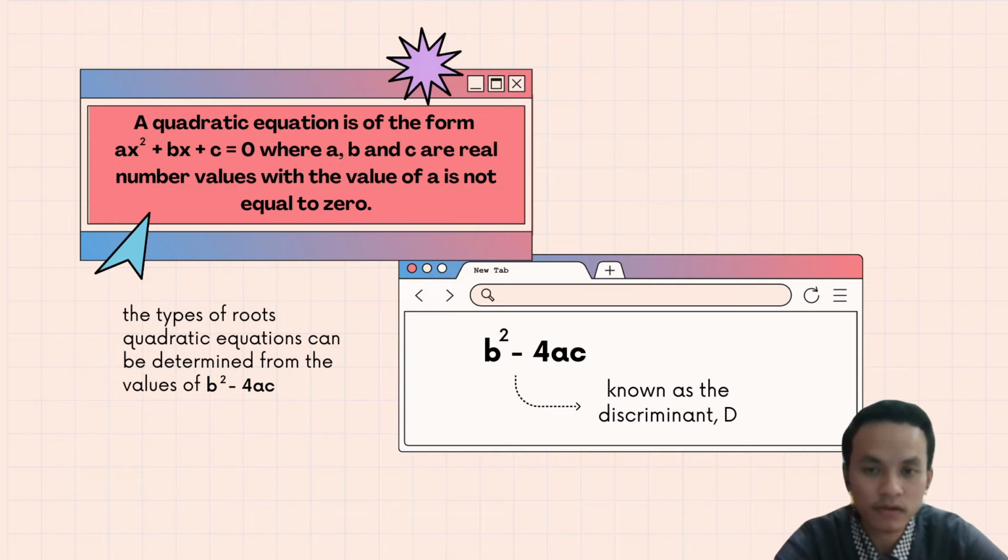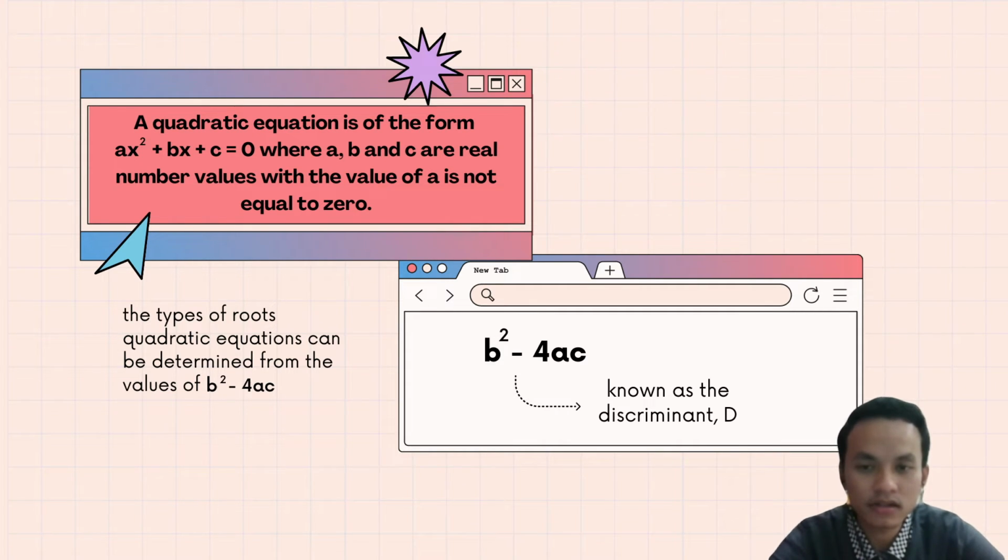The standard form of quadratic equation is ax squared plus bx plus c equal to 0, where a, b and c are real numbers, and a is the coefficient of x squared, b is the coefficient of x and c is a constant.